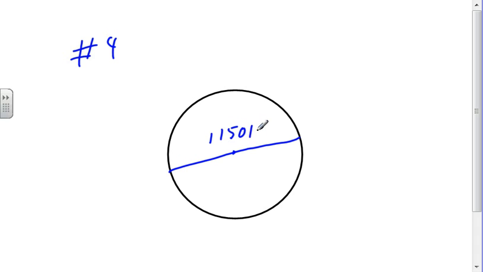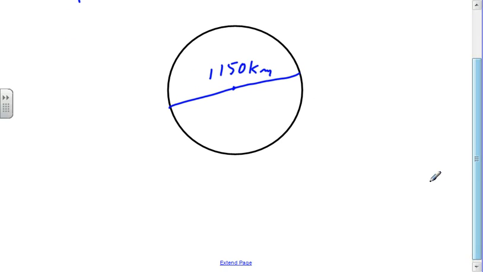Does that make it to Chicago? Yeah. Does it make it to Detroit? Maybe Detroit. It doesn't make it to New York City, though.